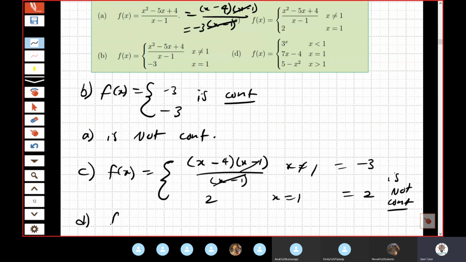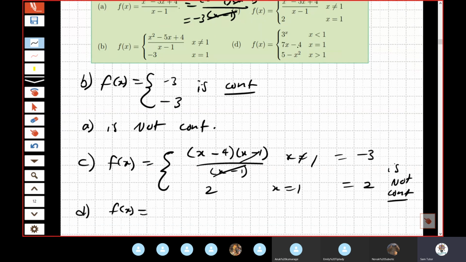Last one, let's check it out again. F of x. See how I'm kind of ignoring the less than and the greater than? Because the idea of continuity is that at all of these values, which is 1, 1, 1, they're meant to give you the same y value, irrespective of the inequality signs. So you sub in 1 into here, which gives you 3.